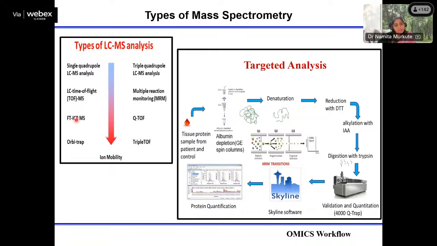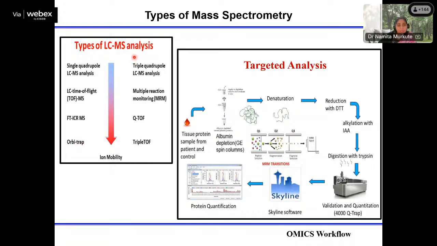Then there is FTICR MS, where the breaking of the molecule is done by a different method, and Orbitrap. Now Orbitrap is nowadays a very sensitive and very good mass spec for all types of omics, such as proteomics, metabolomics and lipidomics. And you can do both targeted and non-targeted analysis in Orbitrap.